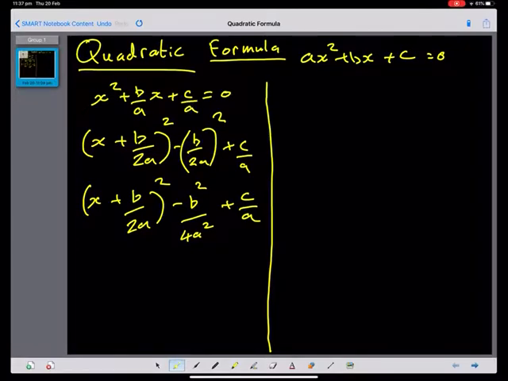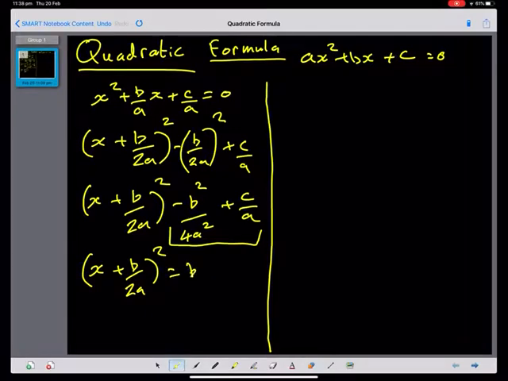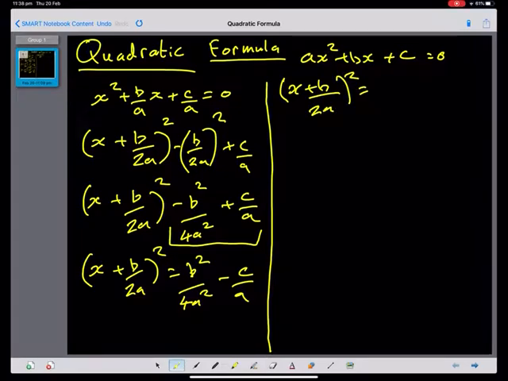Okay, so let's take all this to the other side. So we're left with x plus b over 2a squared equals b squared over 4a squared minus c over a. Now we need to do a bit of algebra here. We need to add this algebraic fraction.